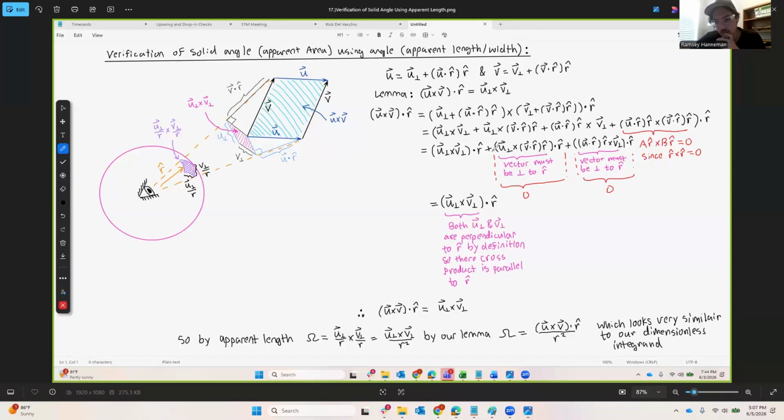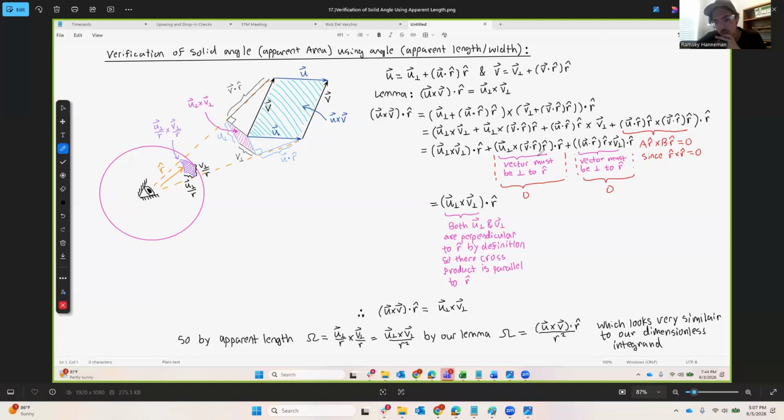This component's a little bit harder. We'll look at the cross product in here and say, well, I know u perpendicular is perpendicular to r hat by definition, right? So if u perpendicular is perpendicular to r hat, and I'm crossing it with r hat, one definition of the cross product is that the cross product must be perpendicular to both of its terms, right?